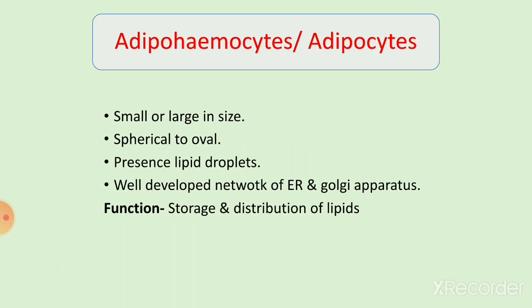The next type is adipohemocytes, or it is also known as adipocytes. They may be small or large in size and spherical to oval in shape. They are characterized by the presence of lipid droplets. Nuclei are eccentric in position and nucleus-cytoplasm ratio is low.